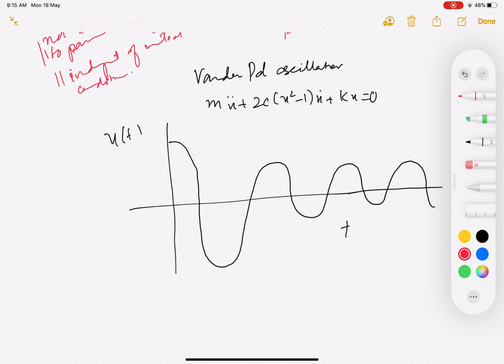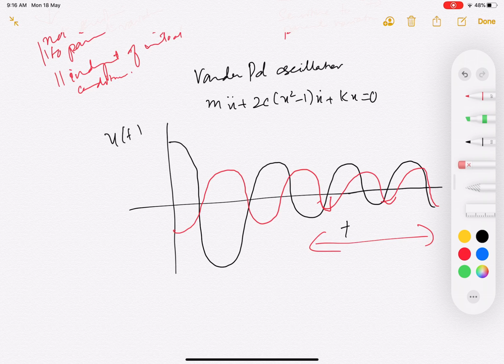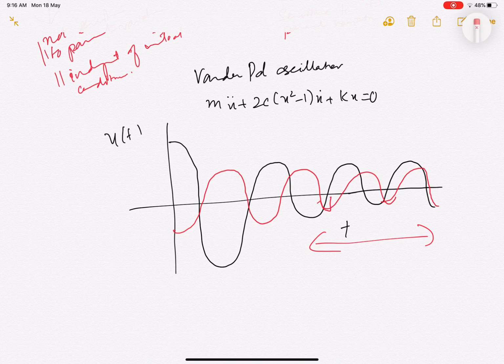So you start from here or you start from here, and your system is finally going to settle down at a similar kind of sustained oscillatory behavior at the end, right?